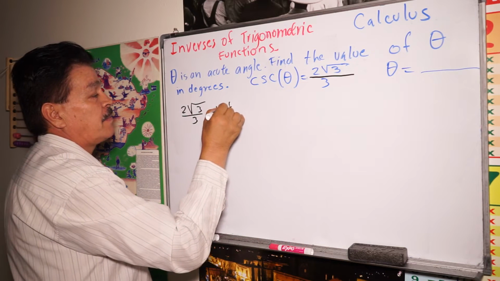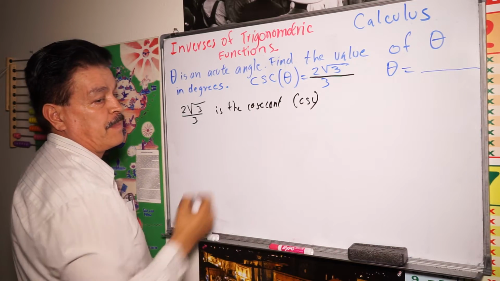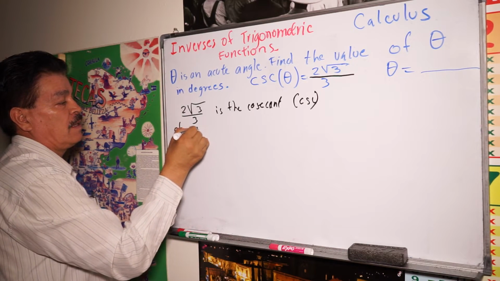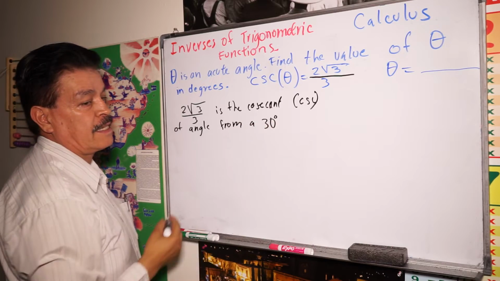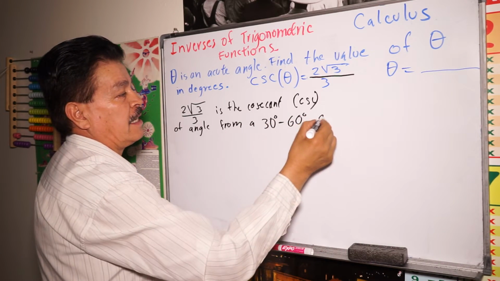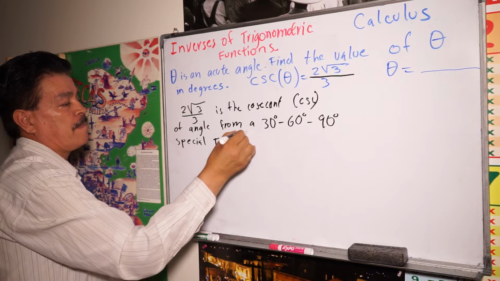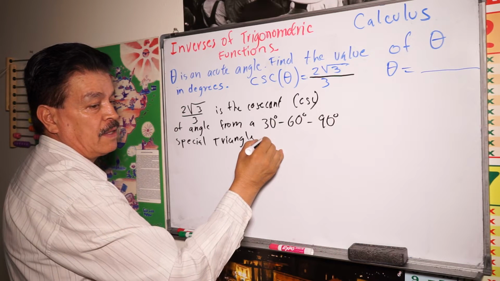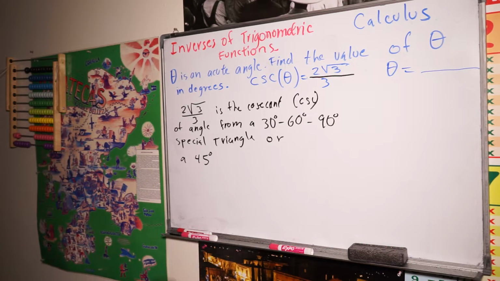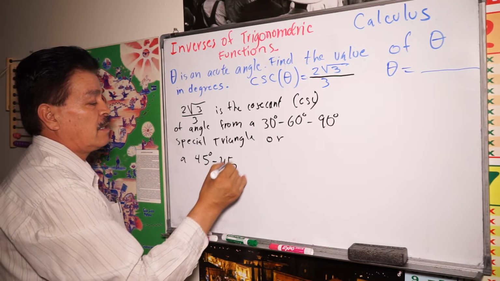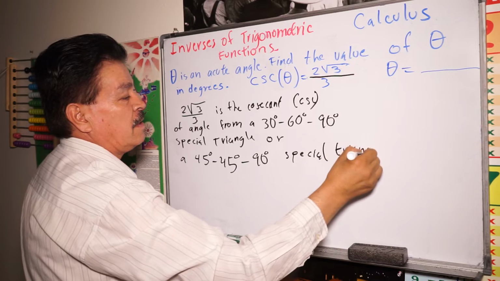This is the cosecant of an angle from a 30, 60, 90 degree special triangle, or a 45, 45, 90 degree triangle. It's a special triangle too.